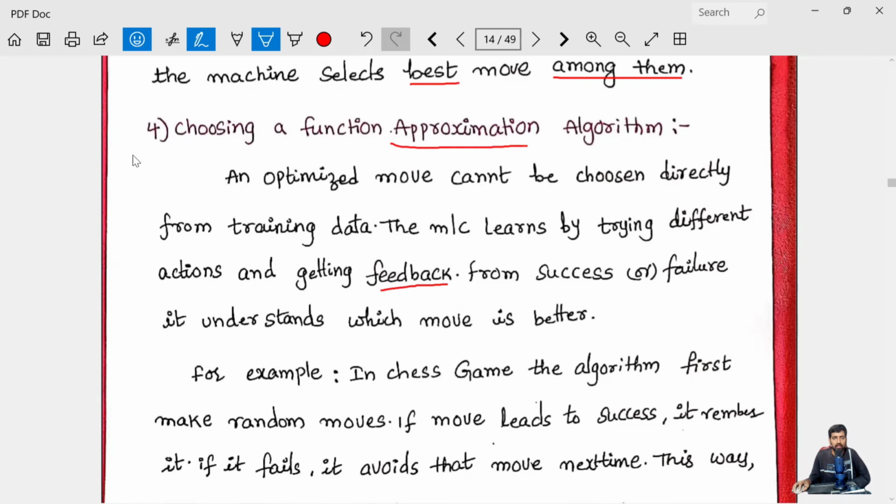Please remember there are different keywords for different methods. In this fourth one, the keyword is feedback. It takes the feedback from failure or success and understands which move is better. If the feedback contains success, then the system will remember that and implement it in the future.